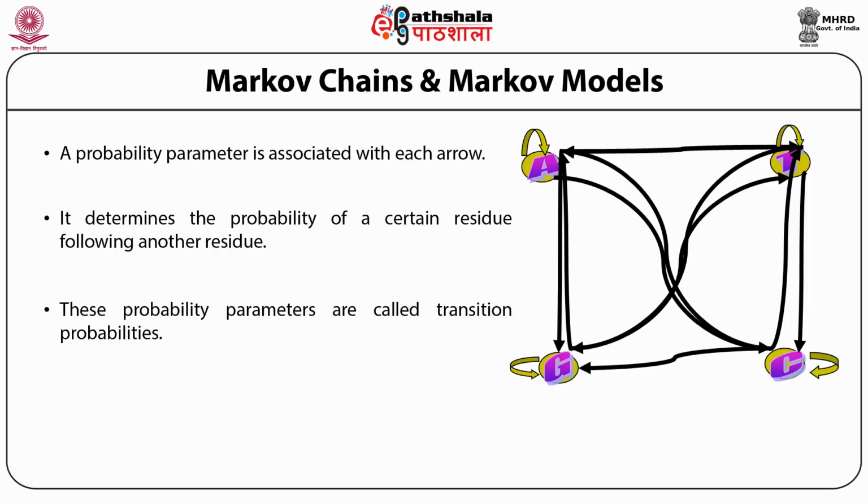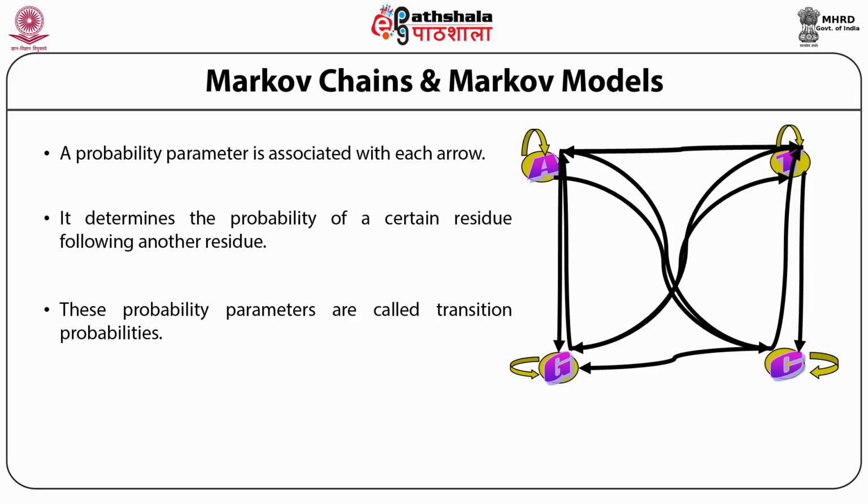Now, it may be a simple sequence. In that case, it's called a Markov chain. Or it can be that from one state, you can go to this state or that state. In that case, you have separate transition probabilities related, and you do not have the chain pattern anymore. In such cases, we'll call it a Markov model.